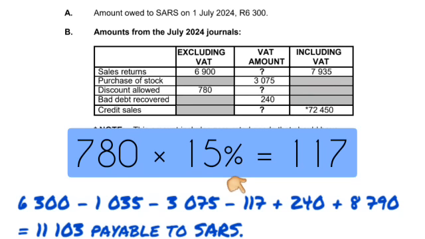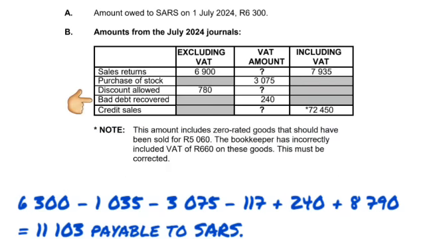Remember, I only add what I received. So if I didn't receive the amount, I minus it. Bad debts recovered. These are people who used to owe me. I call them bad debts, but now they have come back to pay me, which means that it's an income. So I'm going to plus it at 240 because they already calculated the VAT amount for me.